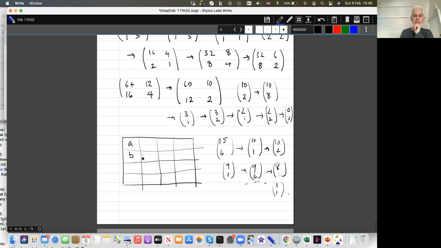Now, in the process of doing that, am I going to mess up anything else? Well, if A was bigger than B, then all I did during this process was subtract things from up here. I subtracted B from everything in this row, and then I kept subtracting 1 from A until I got down to 1.